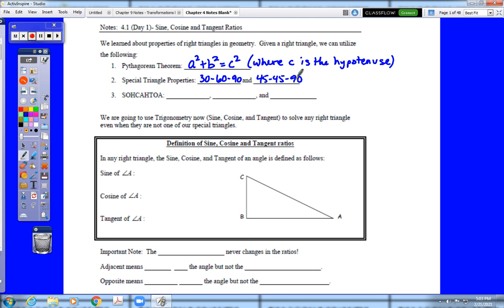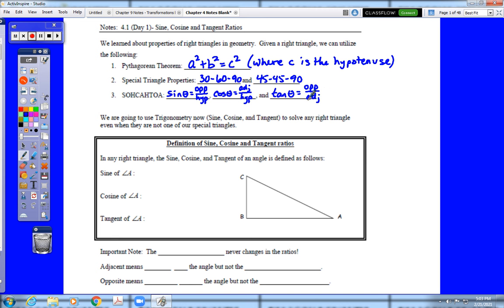And also SOHCAHTOA, that is stating that the sine of whatever our angle is opposite over hypotenuse, which is SOH. Cosine of our angle is adjacent over hypotenuse, CAH, and tangent of our angle is opposite over adjacent, which we should remember as TOA.